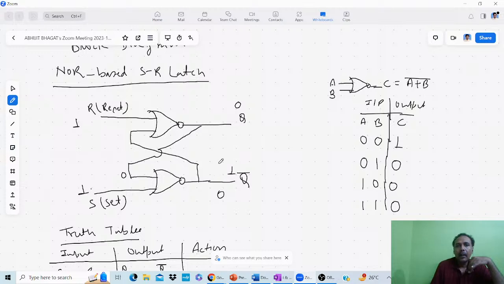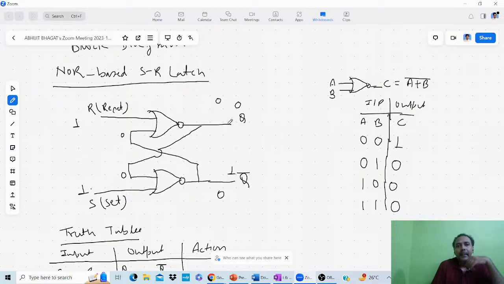Okay. Now here in this case, you can see this is 0. Here now it is 0. So it is 0 here. 0 and you can see 1 0 again it is 0.